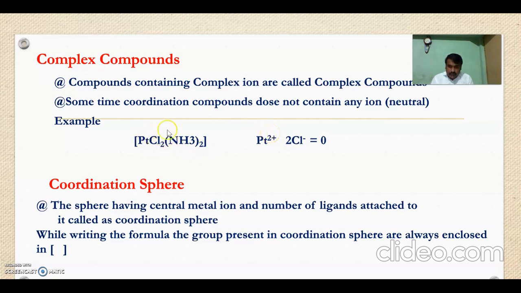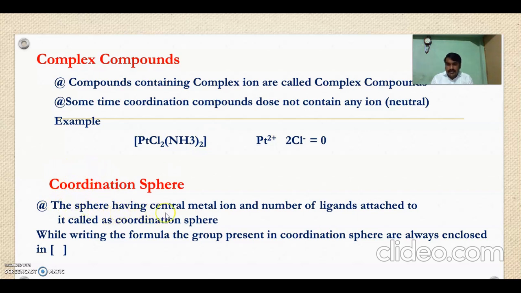Each chlorine carries minus 1 charge, and the number of chlorine is 2, so minus 2. Ammonia carries 0 charge, that is a neutral ligand. So plus 2 minus 2 is equal to 0. The total charge on this complex is equal to 0, and this type of complex is called a neutral complex or non-ionic complex.